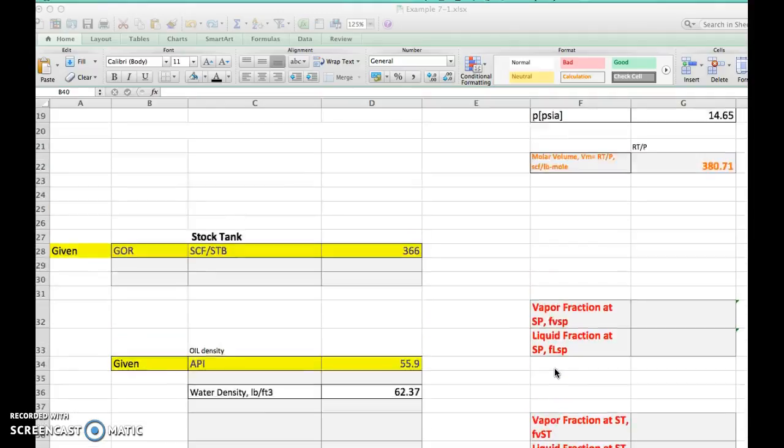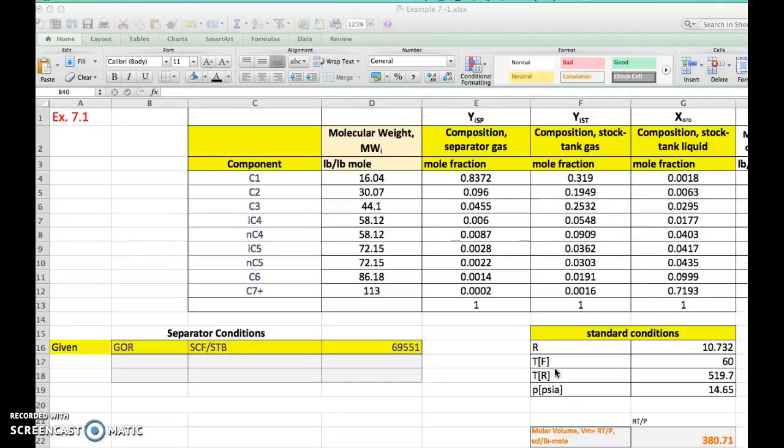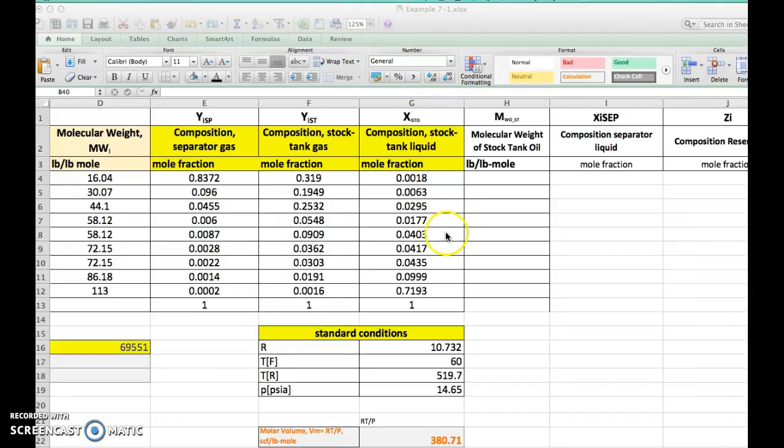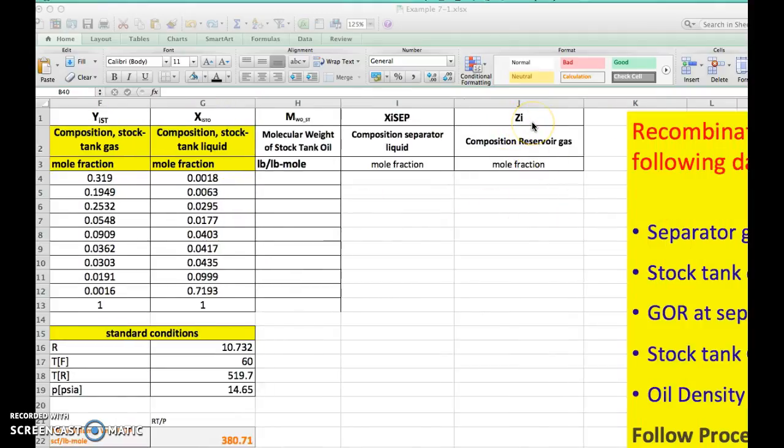Then using those values and the composition, we could reconstruct the composition of liquid at the separator. Then using the composition of liquid, fraction of liquid, fraction of vapor, and composition of gas at separator, we create the original composition of the wet gas inside the reservoir. As you know, wet gas is at a single phase inside the reservoir, but when it comes to the surface, we have liquid and gas. Therefore, we have two phases.